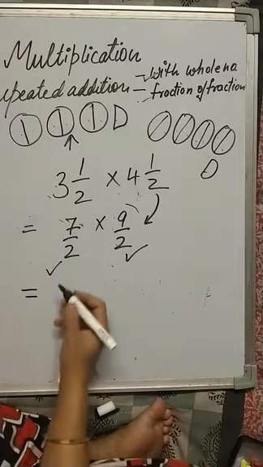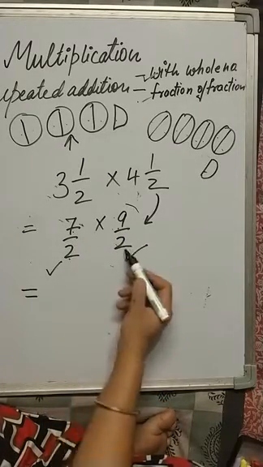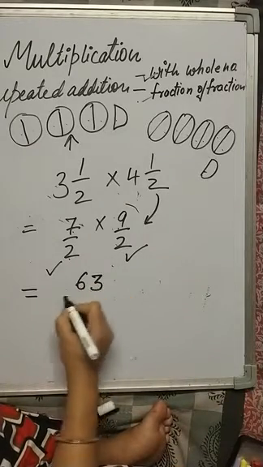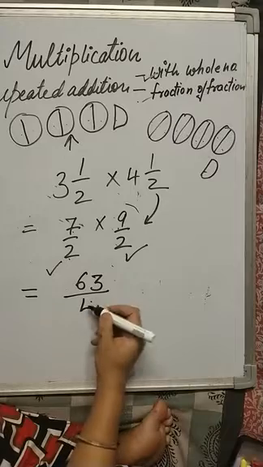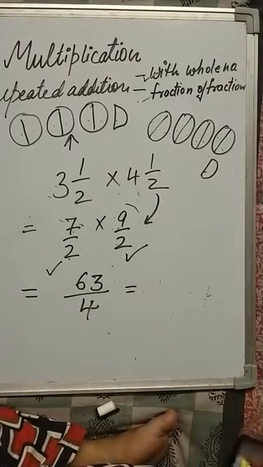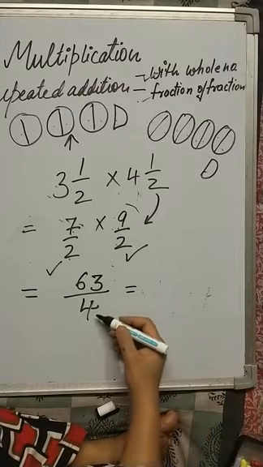We can simply multiply the numerator to numerator and denominator to denominator. So this will be 63 by 4. Now you need to convert this into a mixed fraction. How many fourths can you take out?